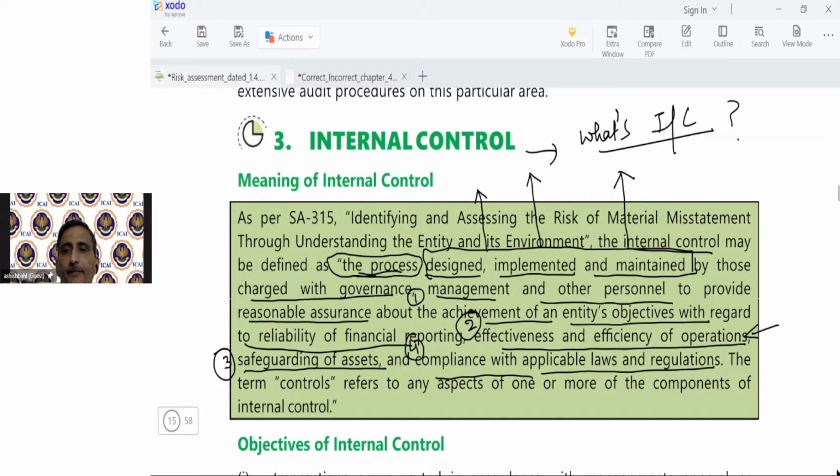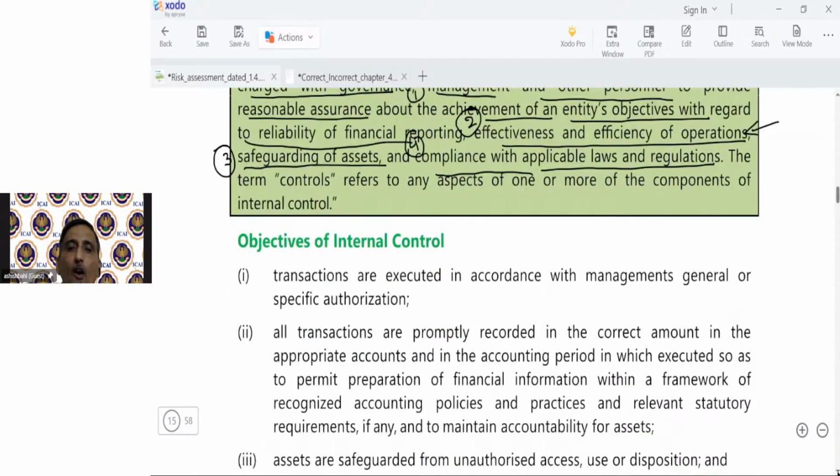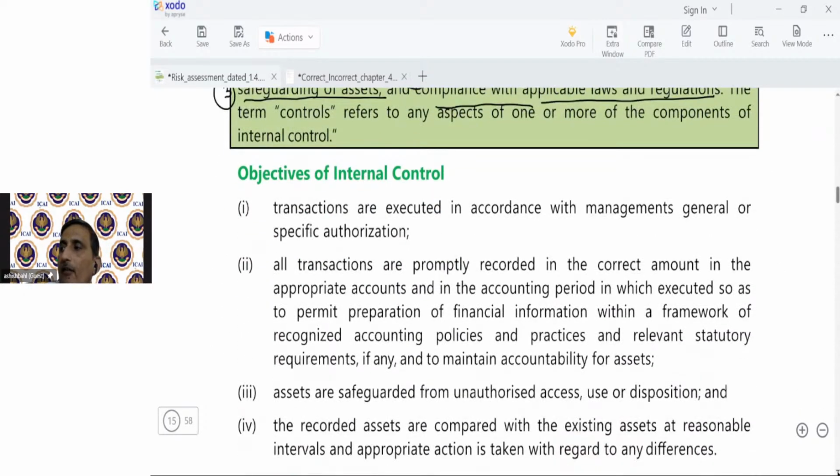Okay, so objectives of internal control. Now we come to the objectives of internal control. These are all derived from the definition of internal control. First, transactions are executed in accordance with management's authorization. So what the management wants to be done is the same thing that is happening.